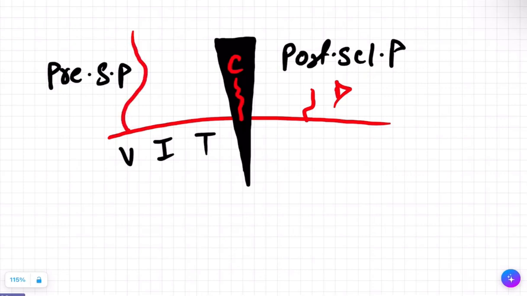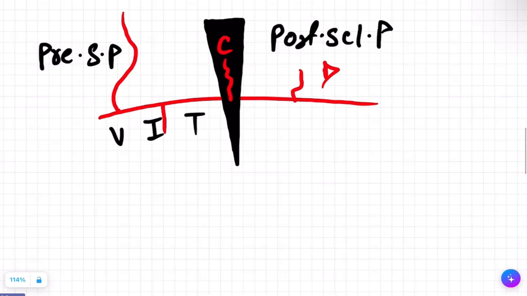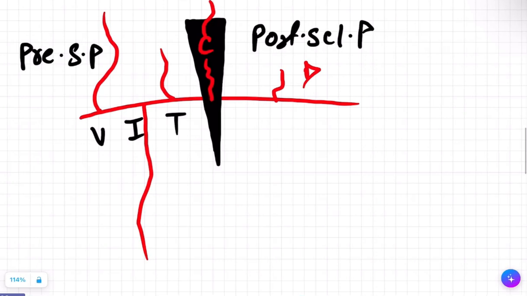Vertebral. I4, internal thoracic. T4, thyrocervical trunk. C4, what does C stand for? Carotid? No, I told you common carotids are branches of either the brachiocephalic or a direct branch. That is costocervical trunk. And D4, dorsoscapular.